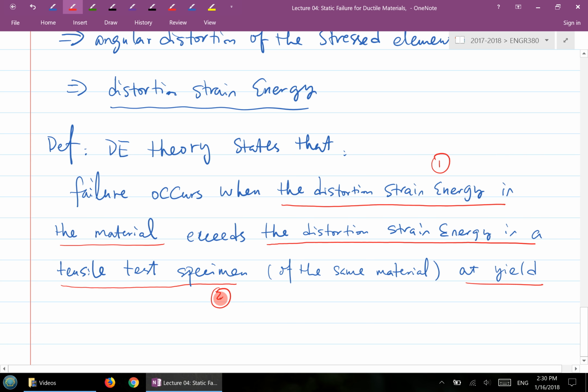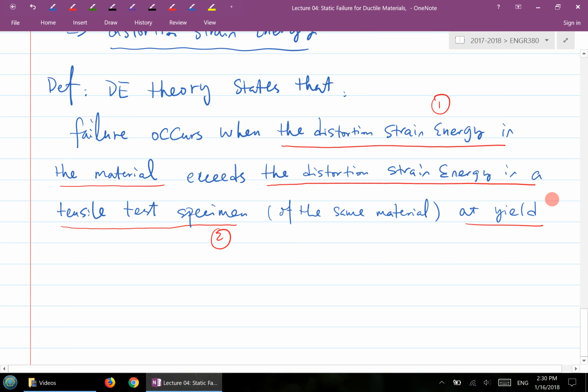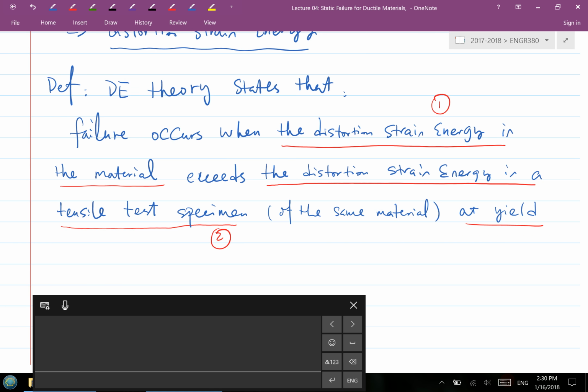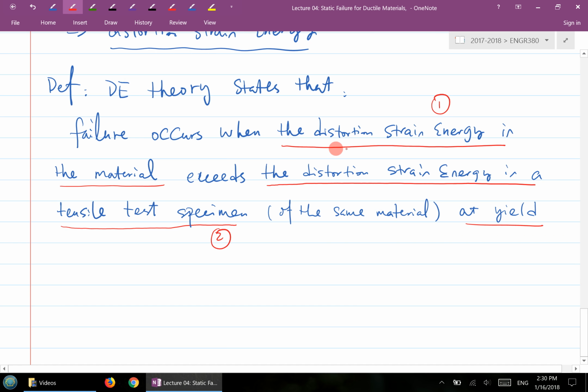So now let's look at the detail. What is number one? Number one is saying the distortion strain energy in the material. So basically, we need to find out what the distortion strain energy is. The second quantity says that there's still a distortion strain energy, but this is at a specific condition: in the tensile test specimen at yield.